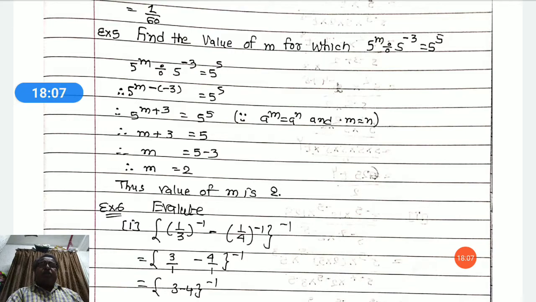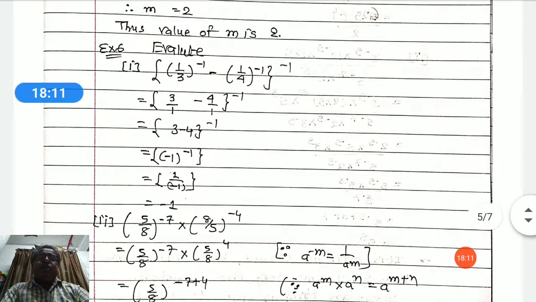Now example number 6, evaluate. First example, curly bracket 1 by 3 raised to minus 1 minus 1 by 4 raised to minus 1 curly bracket over raised to minus 1.